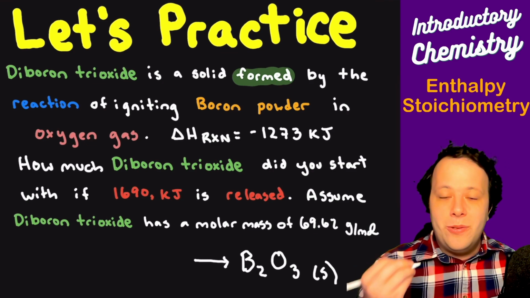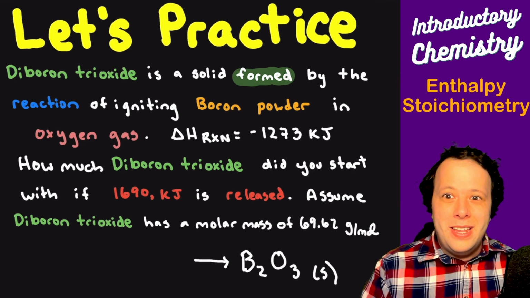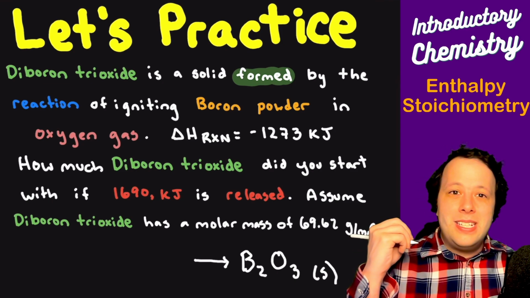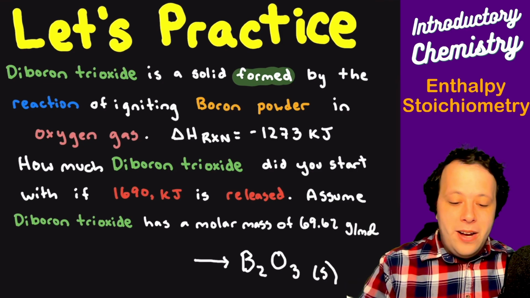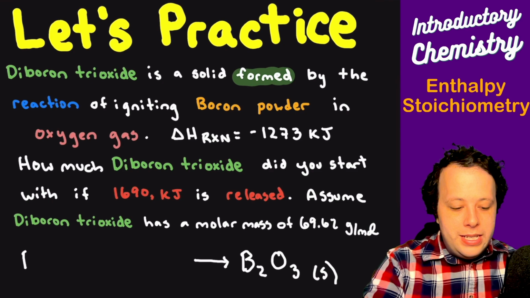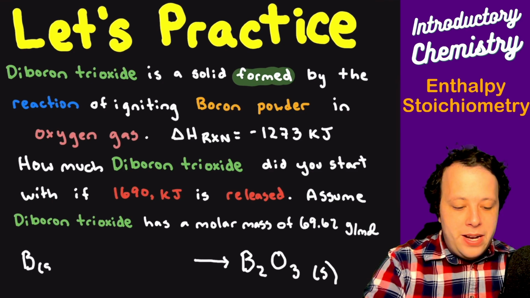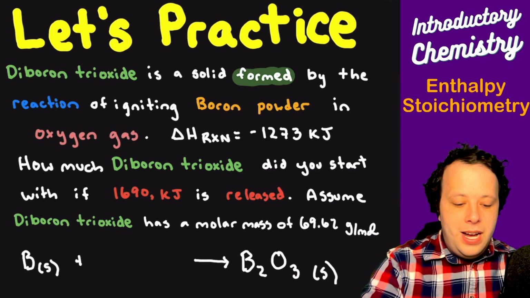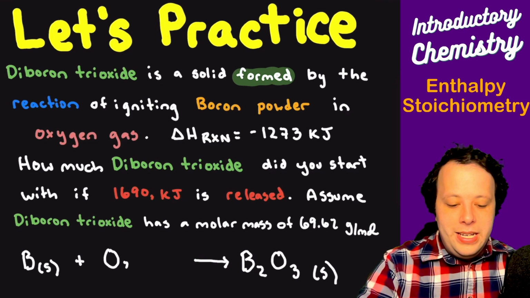So we're going to write it on the right-hand side of the arrow. Now it says we're going to ignite boron powder with oxygen gas. Boron is a solid, so that's just B by itself. Oxygen is a diatomic gas, so we have that as well.